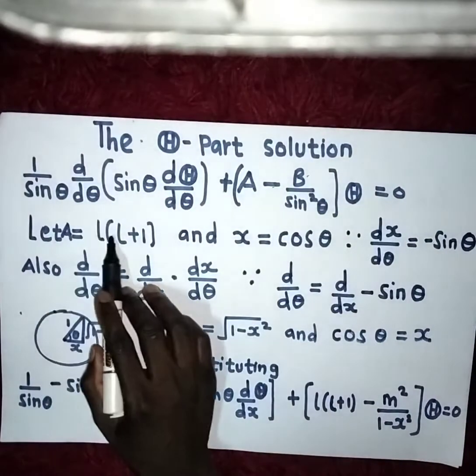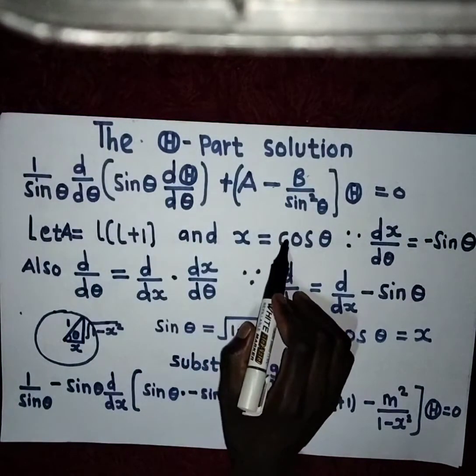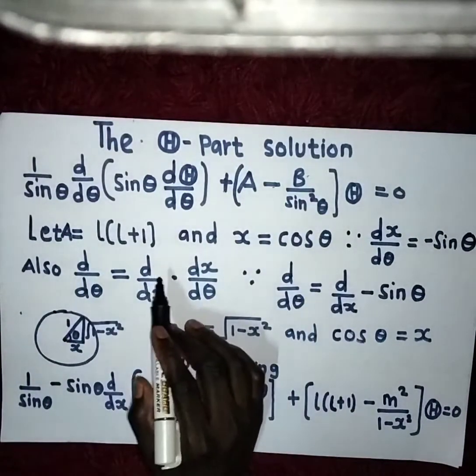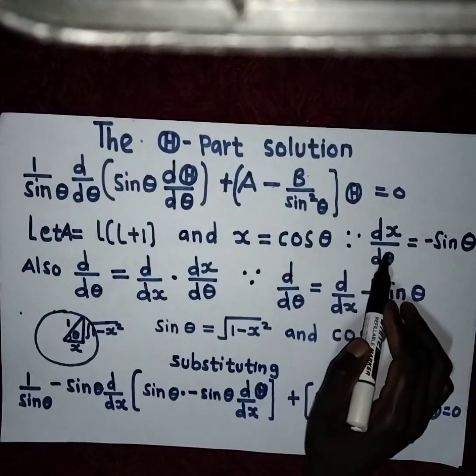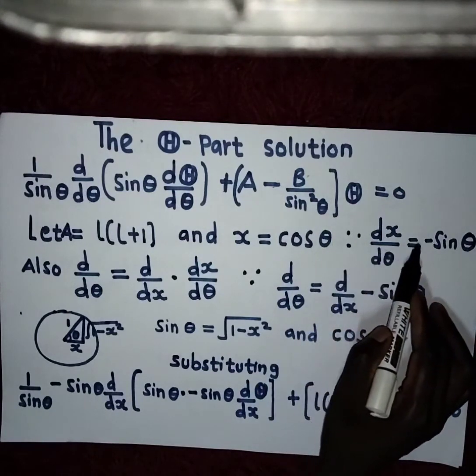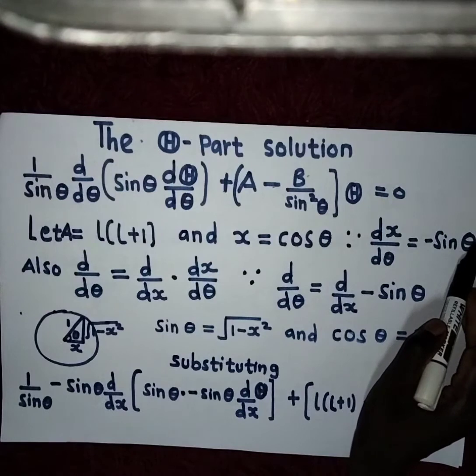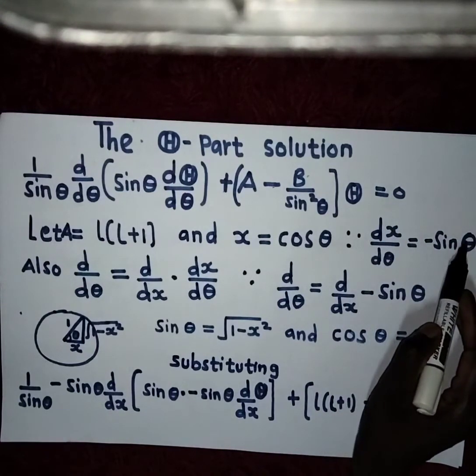So let a equal L into L plus 1, and x equal cos theta. If x is cos theta, when you differentiate cos theta with respect to theta, we are going to have negative sine theta. So that means I have dx over d theta is equal to negative sine theta.